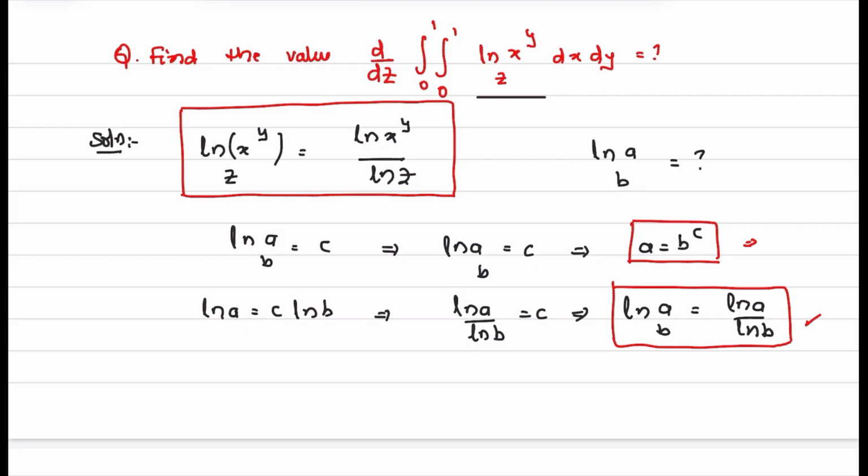Now, from the logarithmic prelims, what we have got is that log of x to the power of y to the base z is equal to ln x to the power of y divided by ln z.